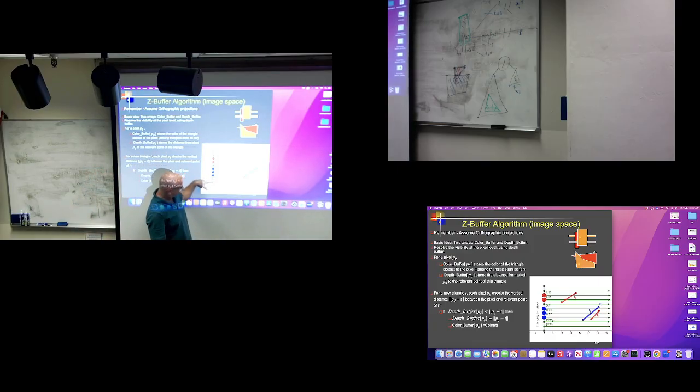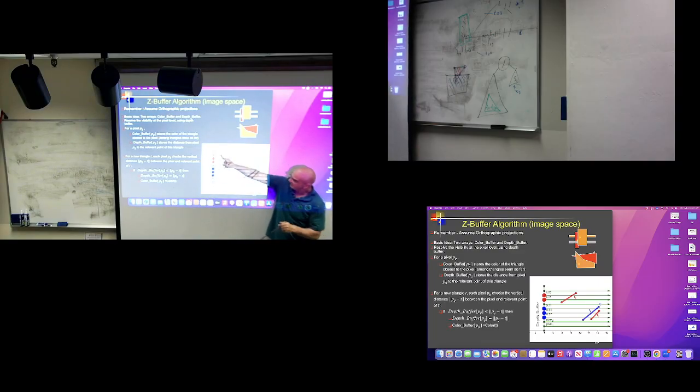So this pixel over here stores 8.77. Why? Because the distance from this pixel going horizontally until it hits the blue triangle is 8.77. This pixel stored 4.27 because that's the distance from the pixel till this point.